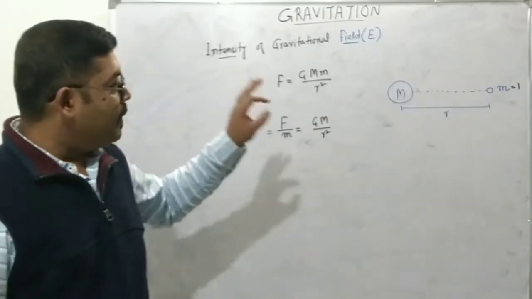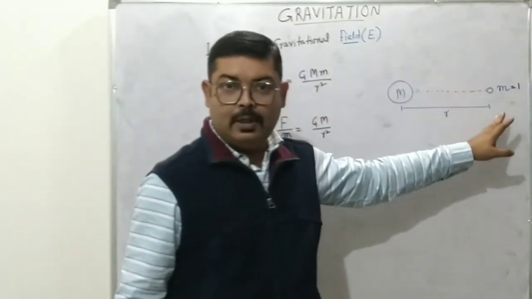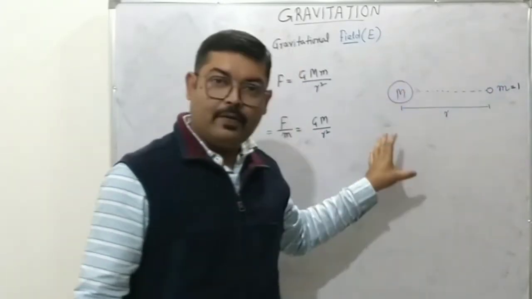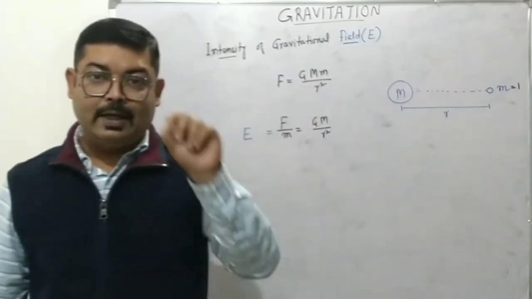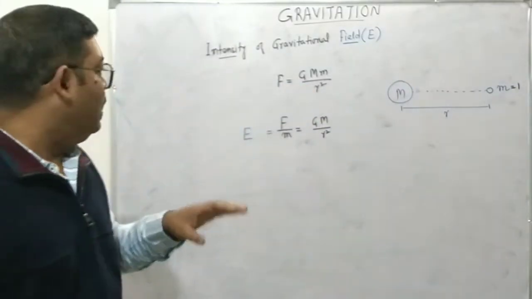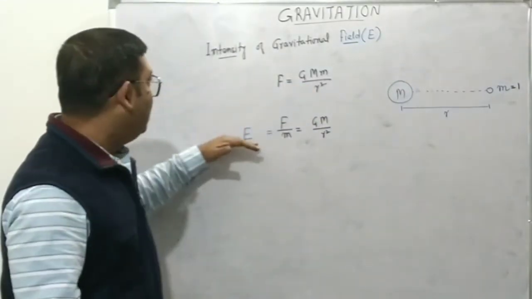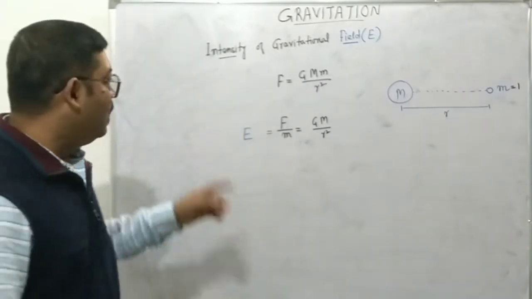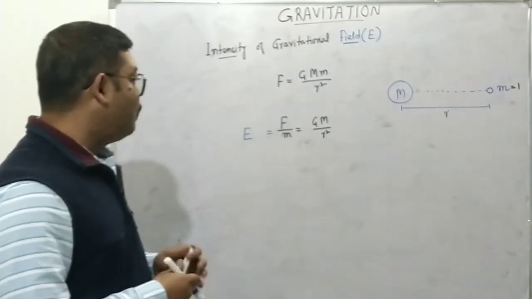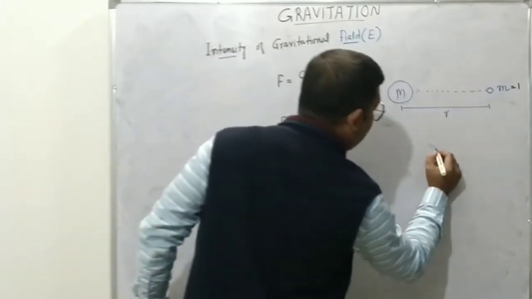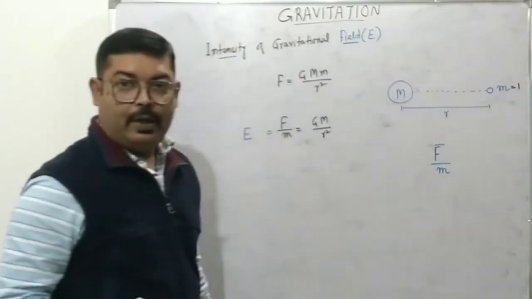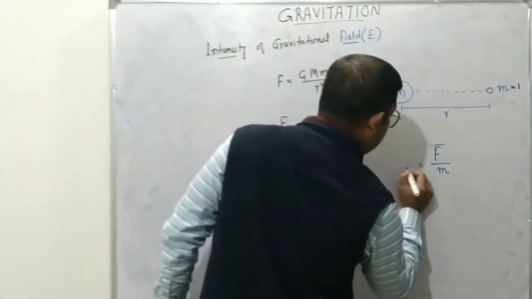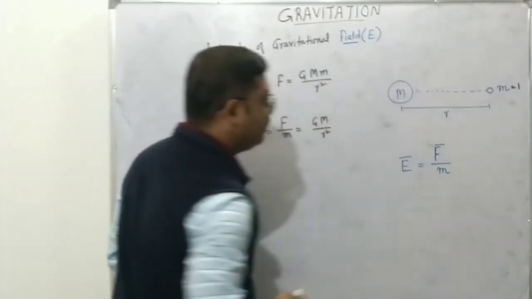Clear? If we place a unit mass at a given point in the gravitational field of a given mass, then whatever force that unit mass will feel will be a measure of the intensity of the gravitational field. Now, since it's force per unit mass and force is a vector, divided by m will give us force per unit mass, so intensity itself is a vector quantity.